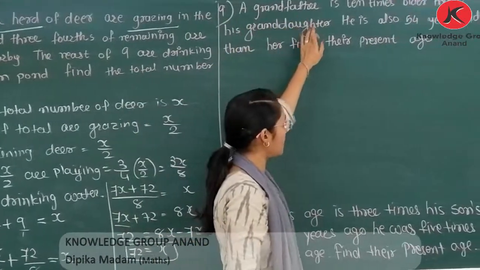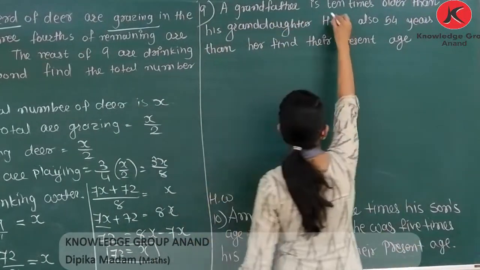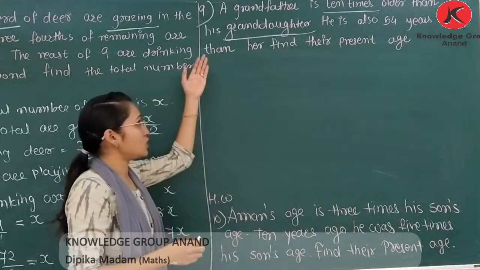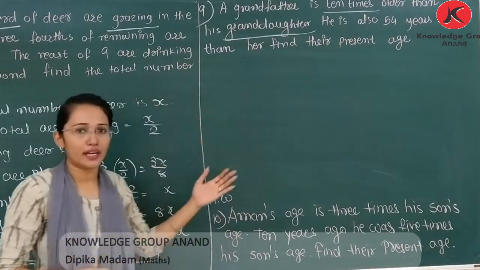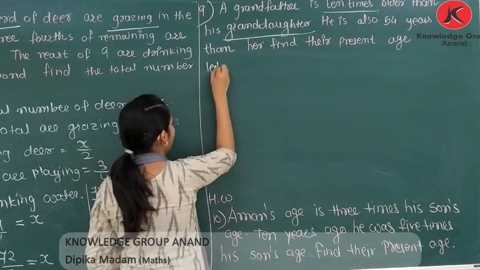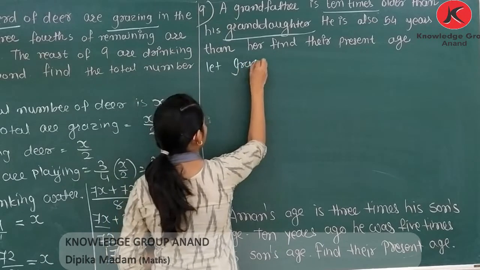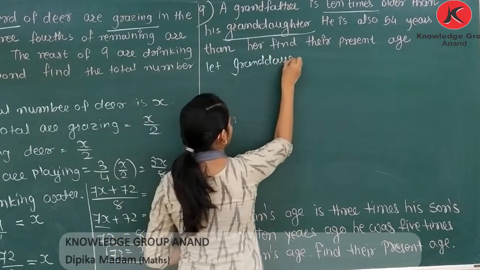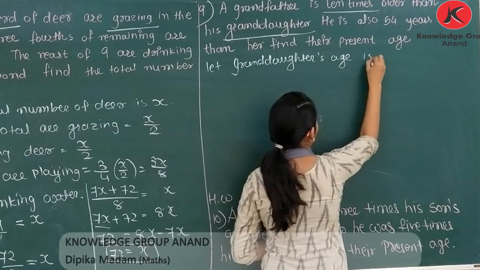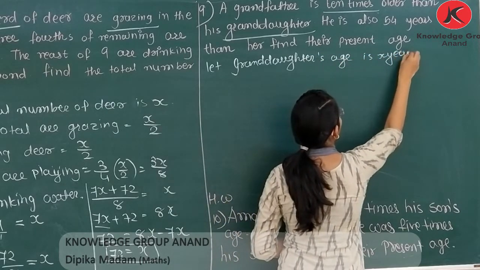A grandfather is 10 times older than his granddaughter. What is the grandfather's age? It is 10 times the granddaughter's age. For example, let the granddaughter's age be X here.